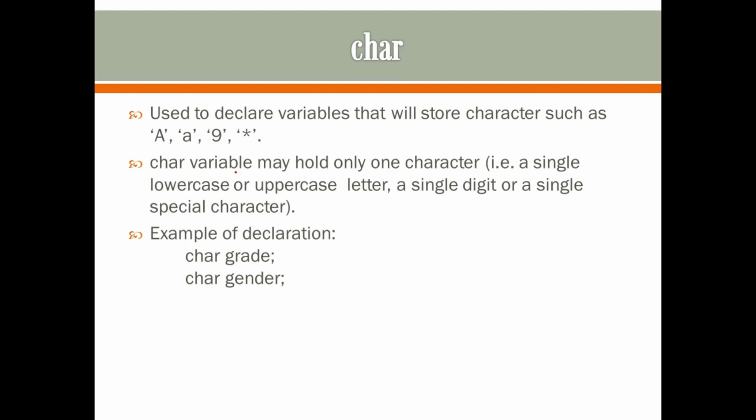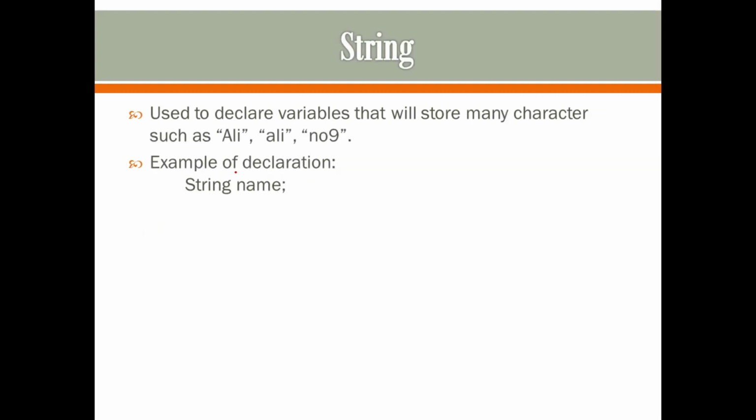But what if we want to write male or female in full instead of M? You can use the string data type, but string is not a primitive data type. String is used to declare a variable that will store many characters, such as Ali or the number 9.